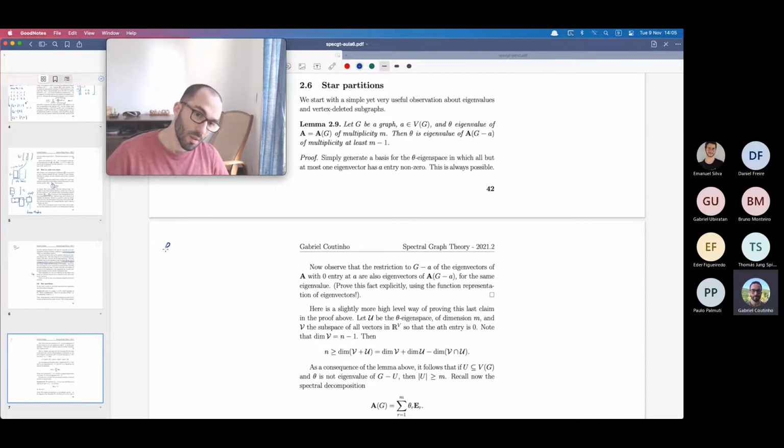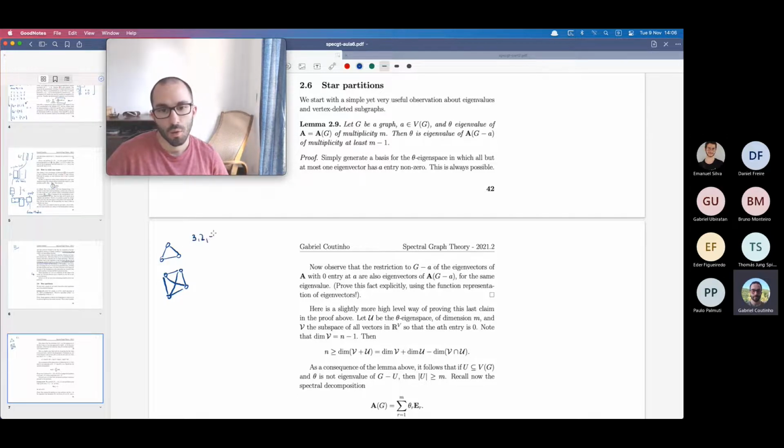The standard example here is this graph, which is not connected. You're invited to try to find a connected example. The eigenvalues of this graph are 3, 2, minus 1, minus 1, minus 1, minus 1, minus 1. Okay, so 2 and minus 1 correspond to this, and 3 and minus 1 correspond to this.